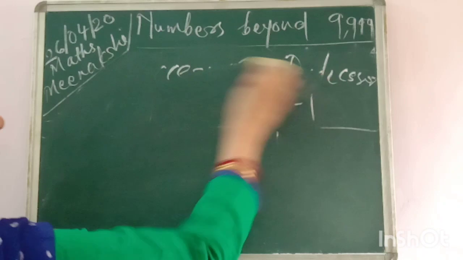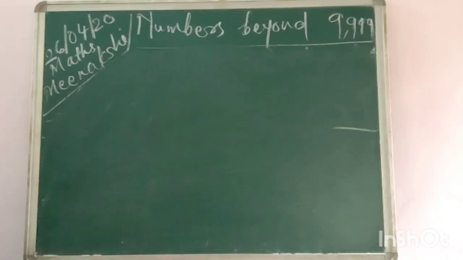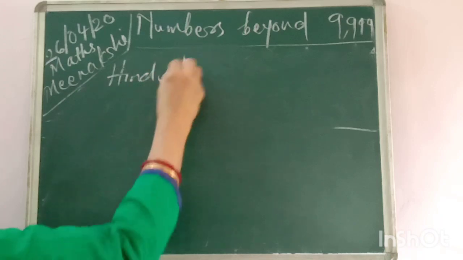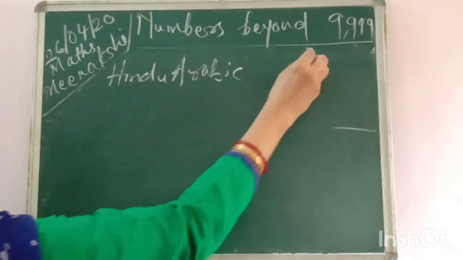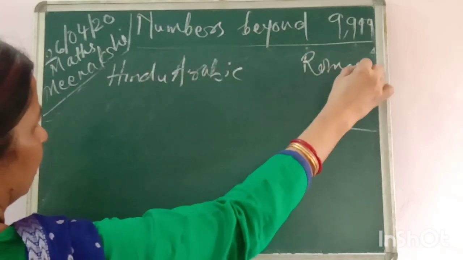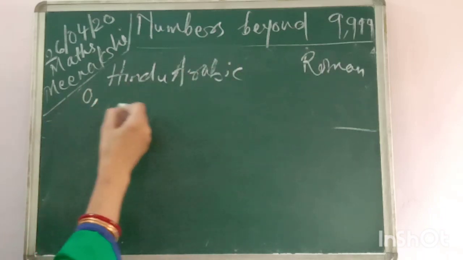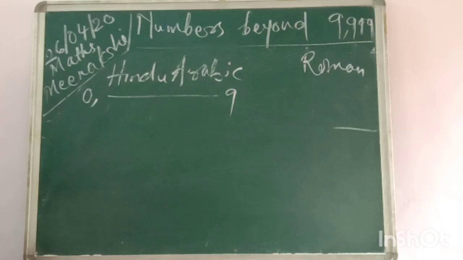First we'll compare both. In the Hindu Arabic numerals, we take digits from 0 to 9: 0, 1, 2, 3, 4, and so on till 9.